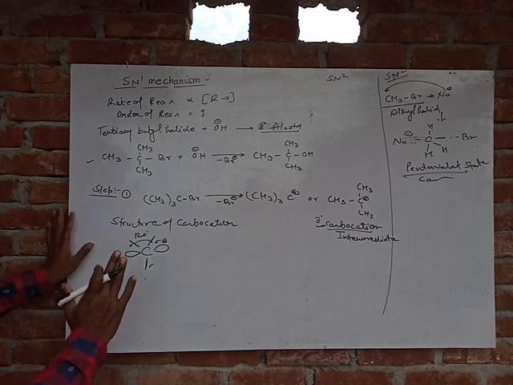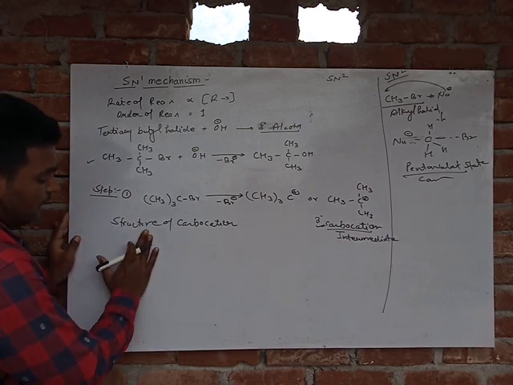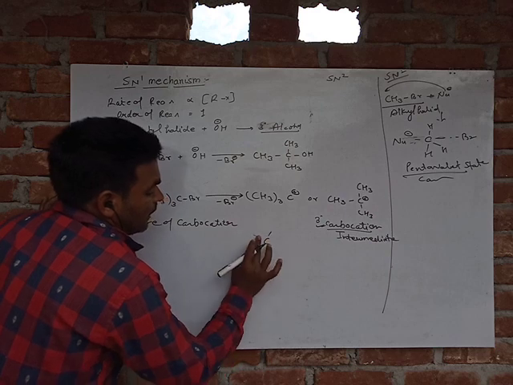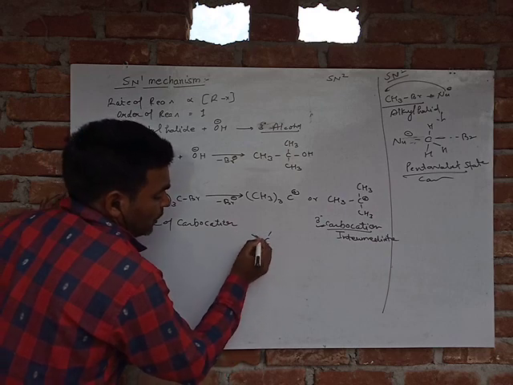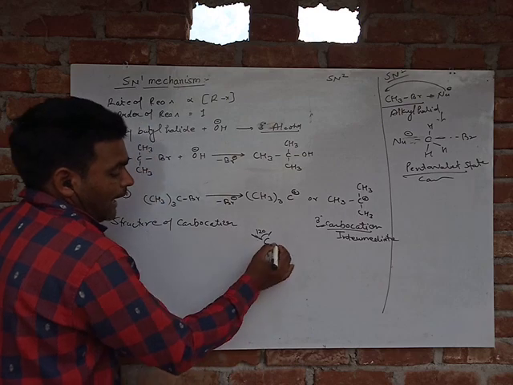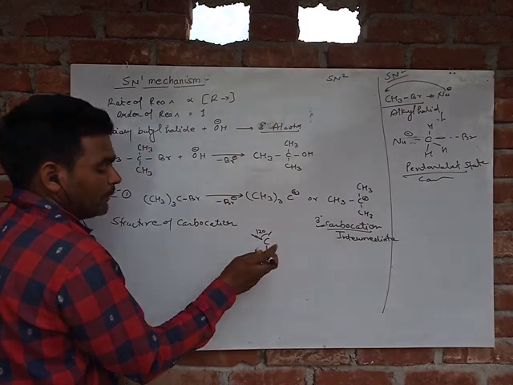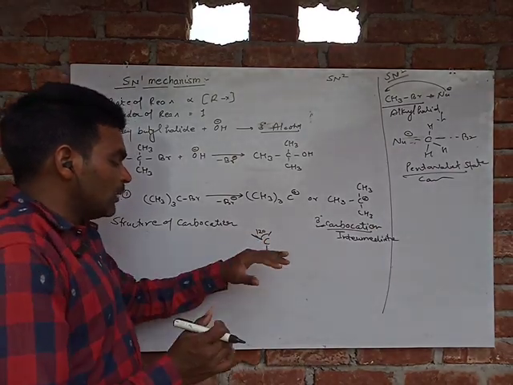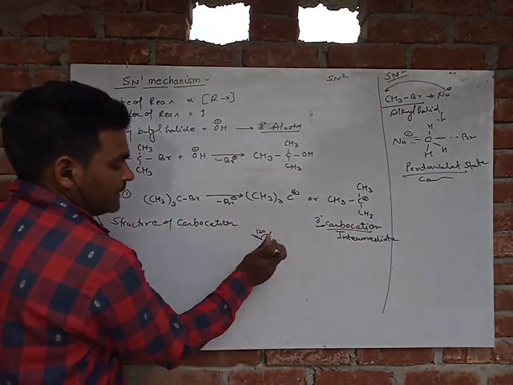perpendicular to the carbon atom. So a carbocation has a very simple structure. This is the carbon, and these are the three sigma bonds situated at 120 degrees, and a perpendicular p orbital. Perpendicular means at 90 degrees to the plane, like this.